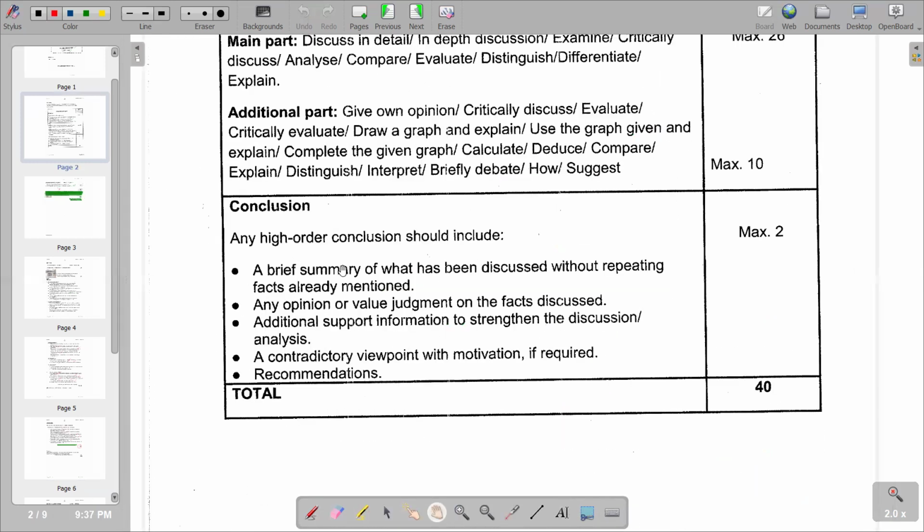This is where we have got the requirements of the conclusion, whereby they say, any high order conclusion should include a brief summary of what has been discussed without repeating facts already mentioned, and then any opinion or valid judgment on the facts discussed, and then additional support information to strengthen the discussion or analysis, and then a contradictory viewpoint with motivation if required, and a recommendation. So all these are options that you can choose between to see which one is viable according to you, and you can come up with your conclusion.